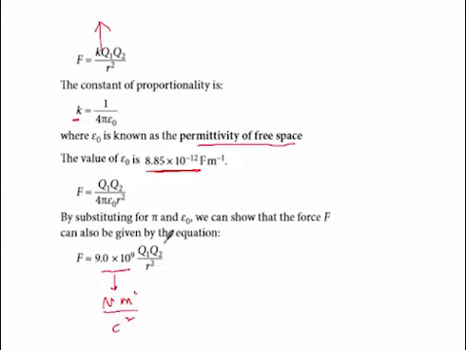So this is the formula that we are going to use today for the force between two charges. This is the value of K, 9 times 10 to the 9, times Q1 Q2 over r square.